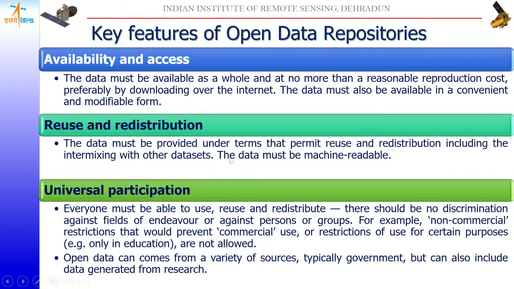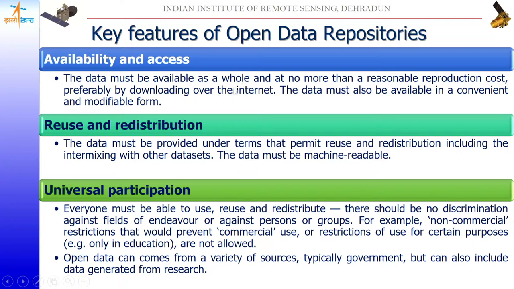Now, some of the key features of open data repositories. What can be the features? That question comes to our mind as well. First, availability and access. The open data repository should allow you to make the data available as a whole and at no more than a reasonable reproduction cost, preferably just the downloading speed or the consumption of internet data over the internet.